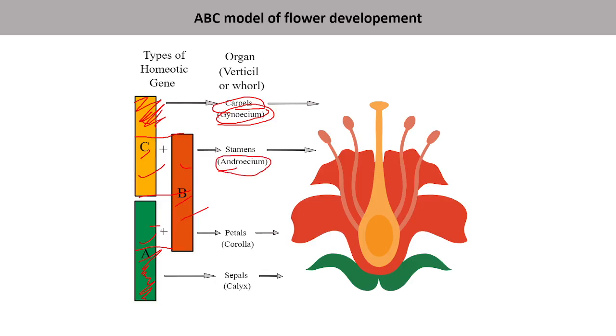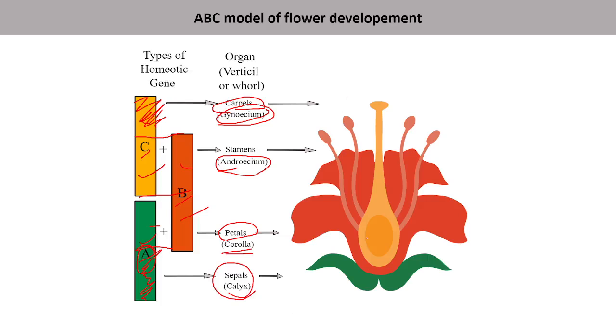When A and B genes express together, the petals or the corolla are formed, and when only the A gene expresses, that forms the sepals and the calyx. By missing or removing any of these genes, the organs developed because of their expression will be removed from the floral arrangement.